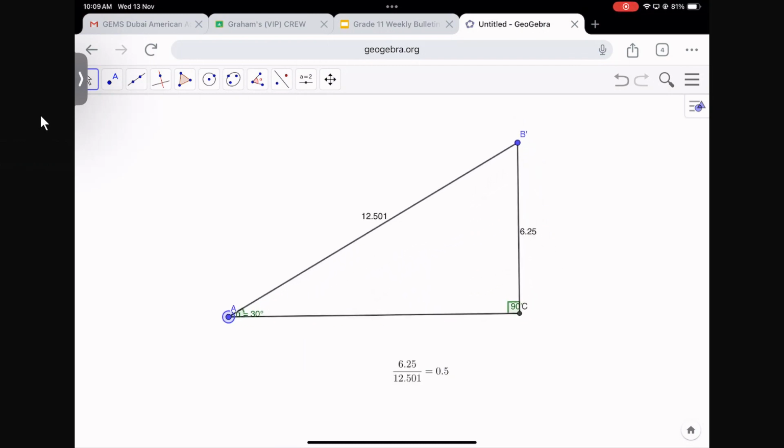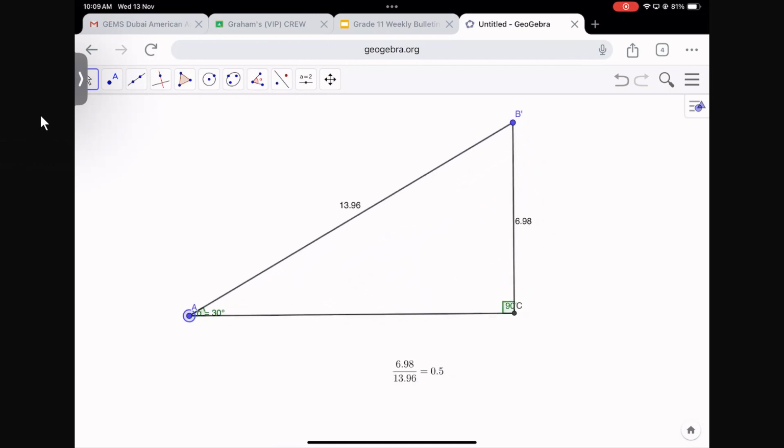If I change that angle from 30 to a different angle, it will change. But when you have a proportional triangle like this one, we say that the opposite is proportional to the hypotenuse. The opposite is always half the length of the hypotenuse.